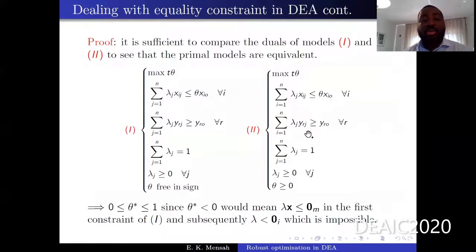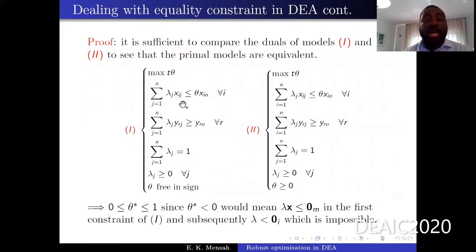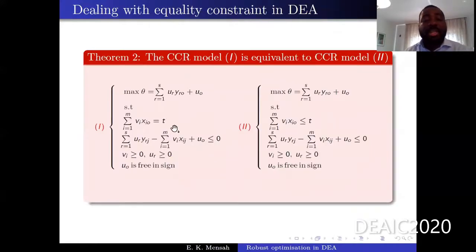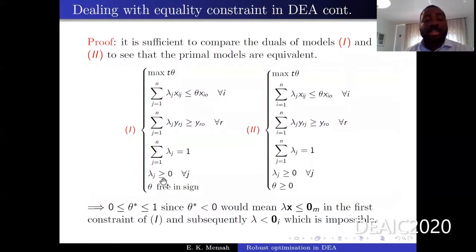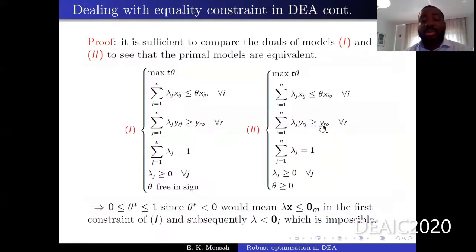And the proof of this model is using the dual model of these two models. So you see that per the duals, because the constraint here is equality, the decision variable here, theta, is free in sign, whereas for this particular model, we have for inequality, the variable assigned to this inequality constraint become greater than or equal to 0.